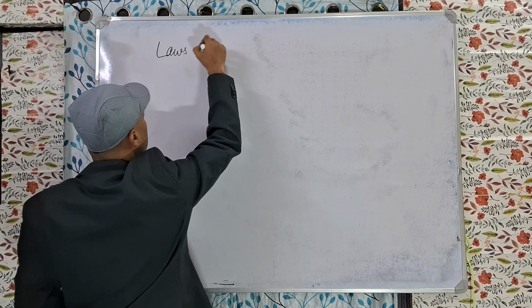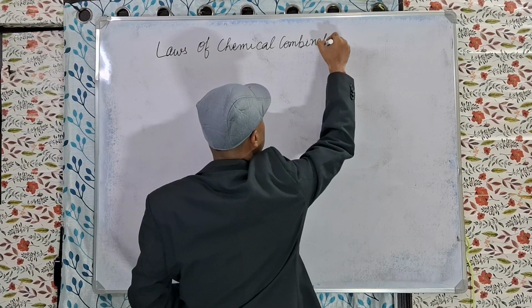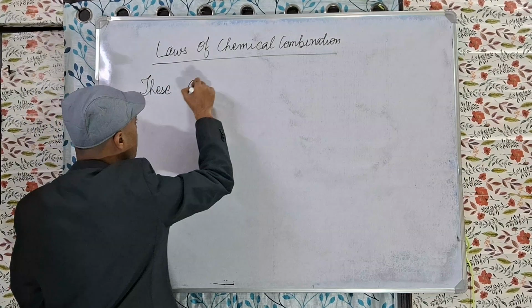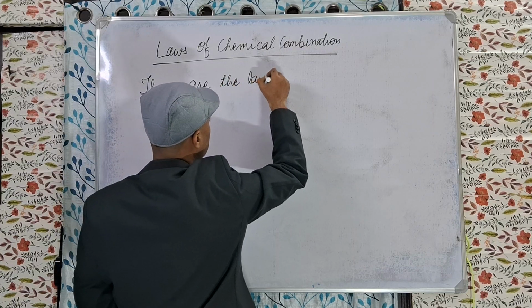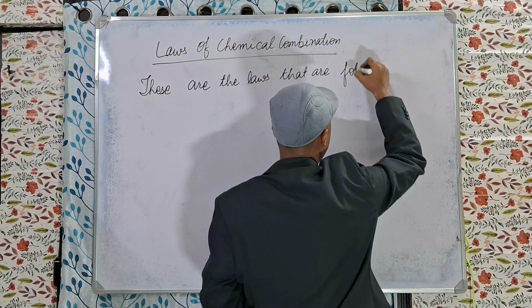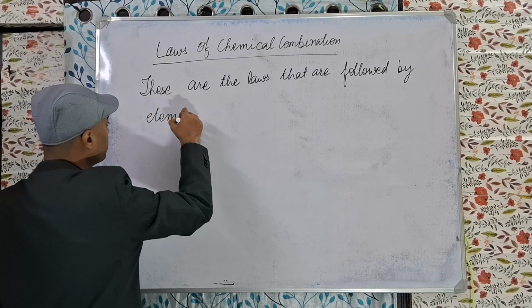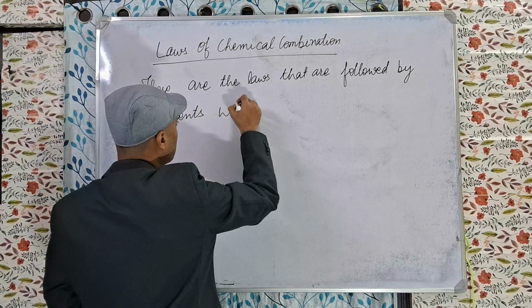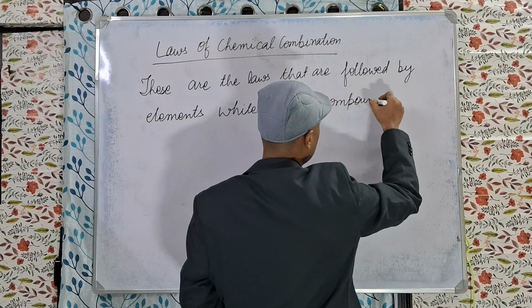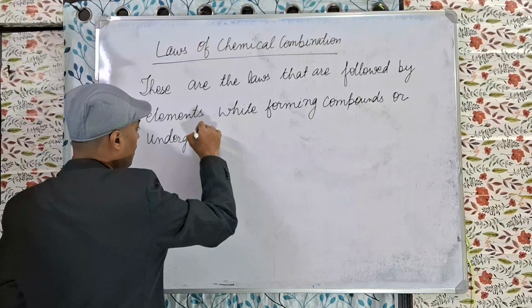Laws of chemical combination: these are the laws that are followed by elements while forming compounds or undergoing reactions.